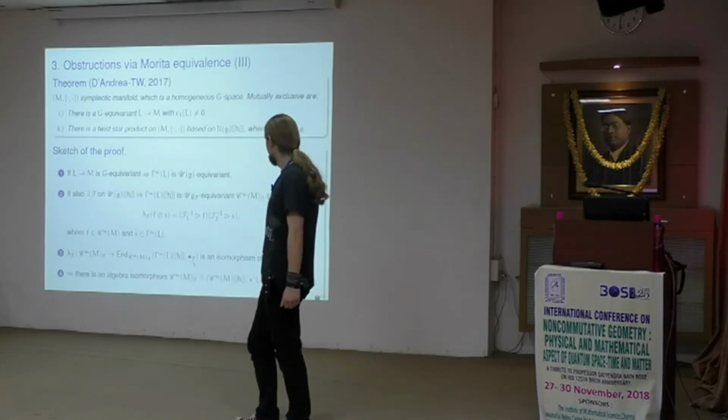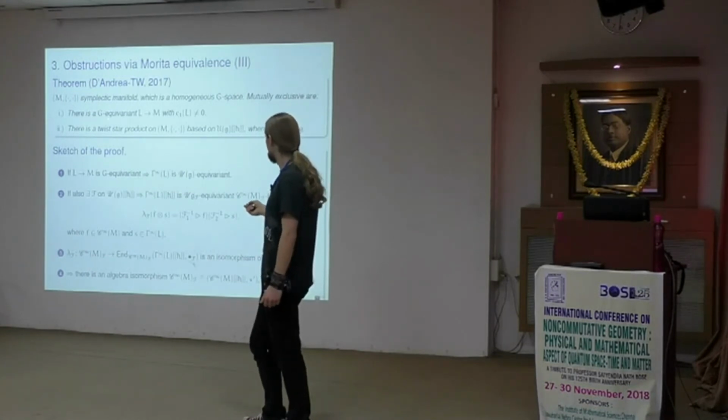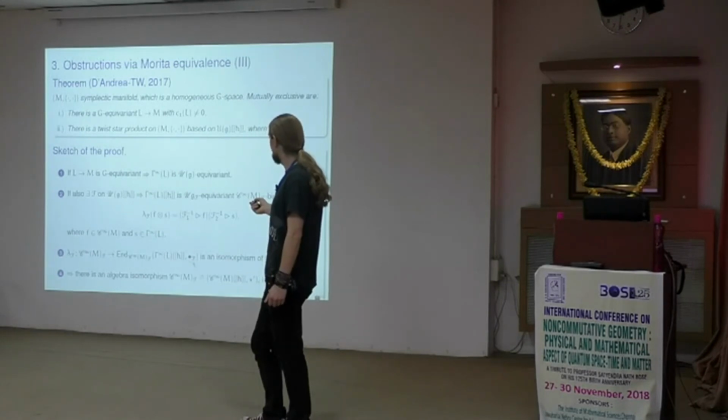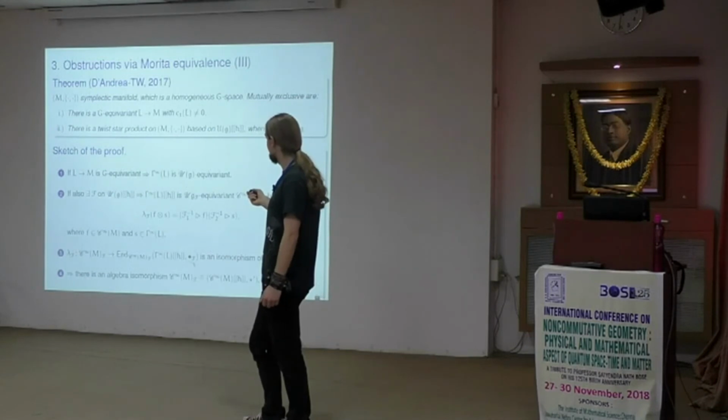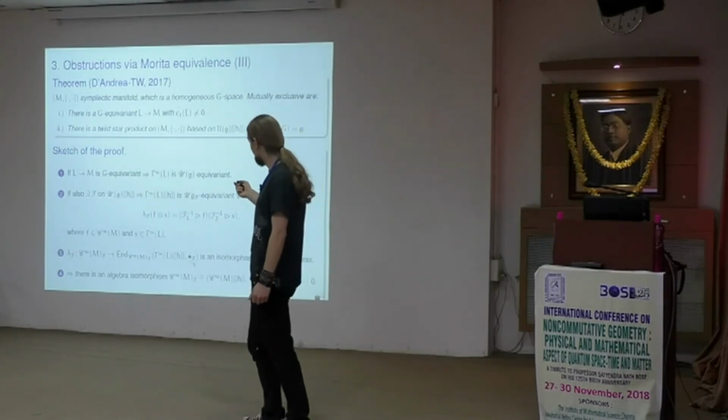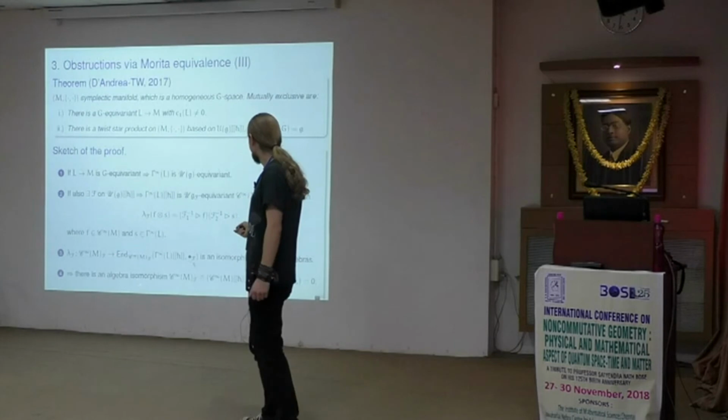And you also know from the theorem of Waldmann that since you have a line bundle, you can now look at the Morita equivalence class of your twist star product using this line bundle.